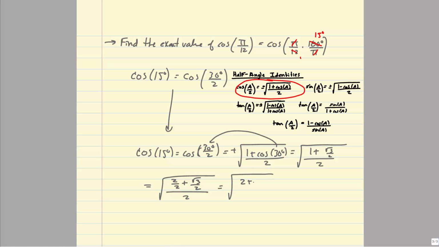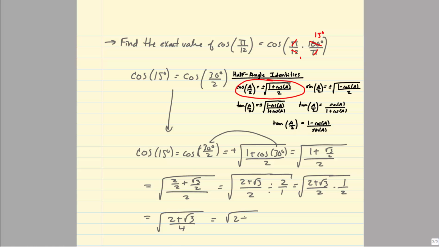So I'd have 2 plus root 3 over 2 divided by 2 over 1. And remember, whenever you divide by a fraction, you're actually multiplying by the reciprocal. So this would be 2 plus root 3 over 4. And of course the square root of 4 is 2. So this would be 2 plus root 3 all over 2.